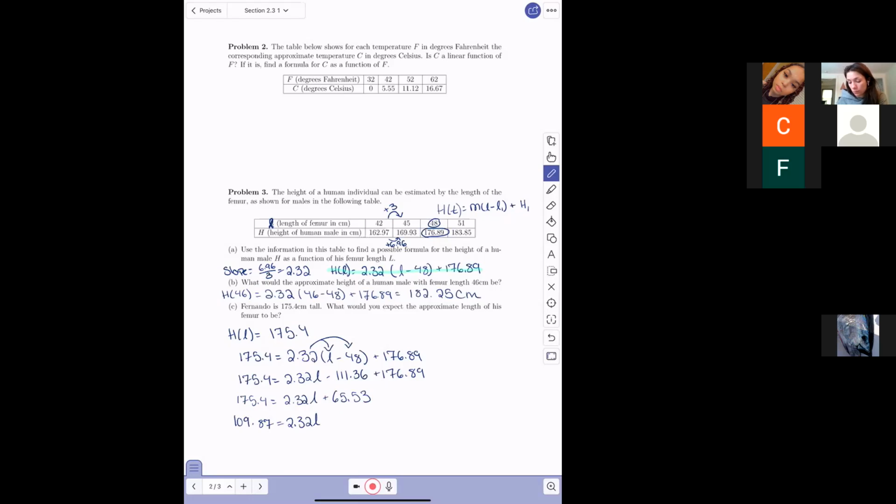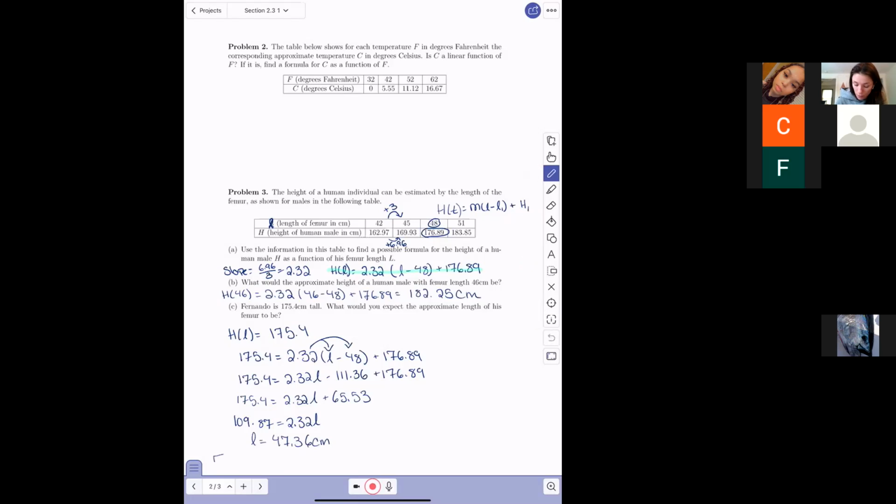So now divide both sides by 2.32. And you get L equals 47.36 centimeters.